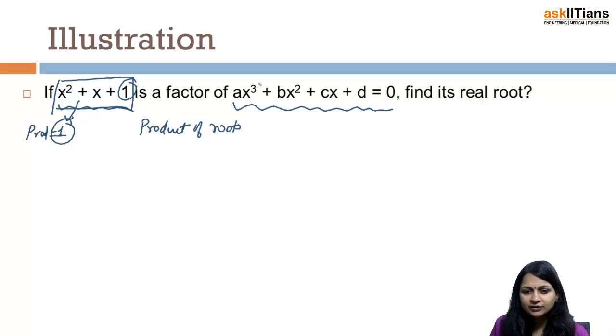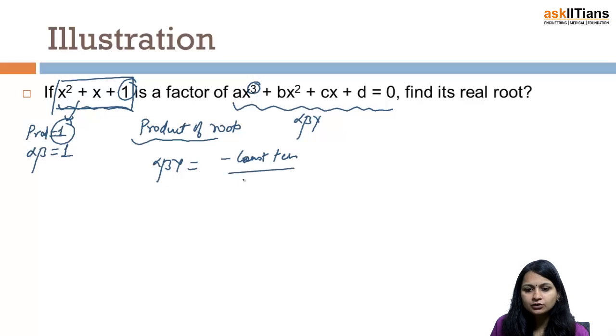Because we have degree 3, it will have 3 roots alpha, beta, gamma. So I'll say that alpha beta is equal to 1. Now what is the product of roots from here? That is alpha beta gamma. I will have minus constant term upon coefficient of x cube, so this comes out to be minus d upon a.